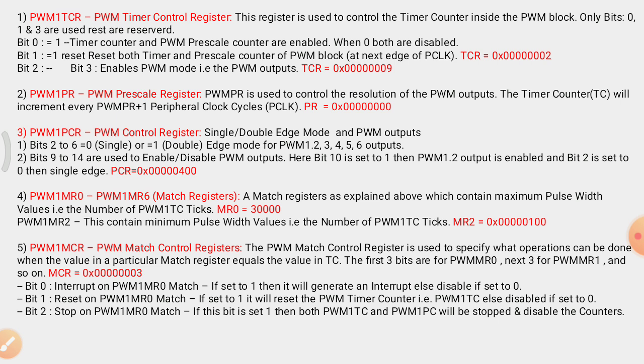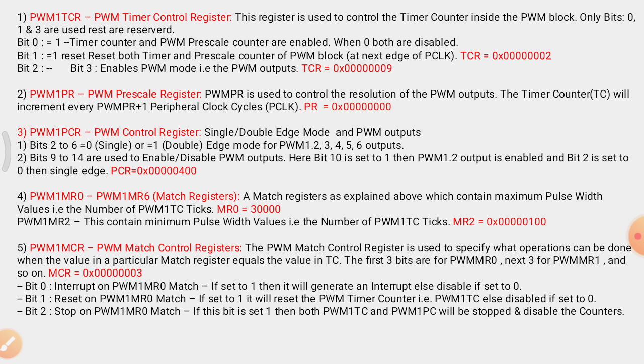MCR bits 0, 1, 2 are used for MR0. The next 3 bits, 3, 4, 5, are used for MR1. Bits 6, 7, 8 are used for MR2, and it goes on.